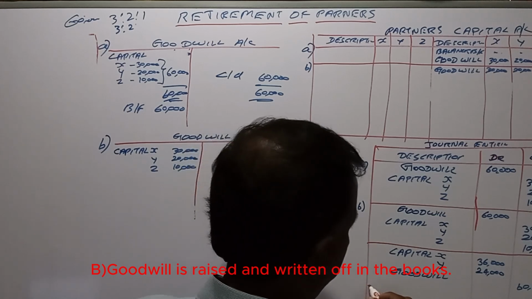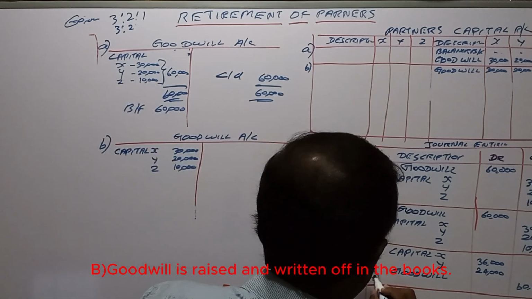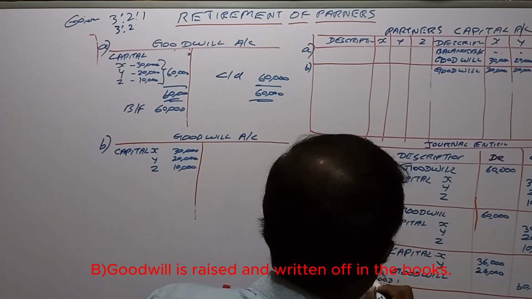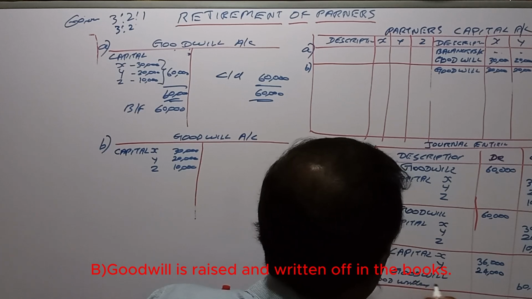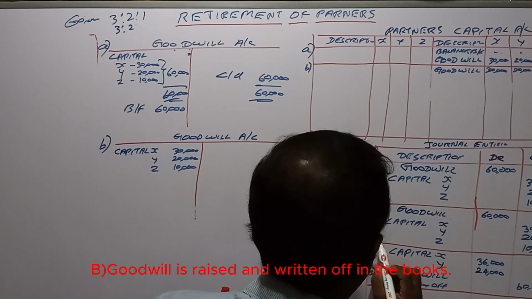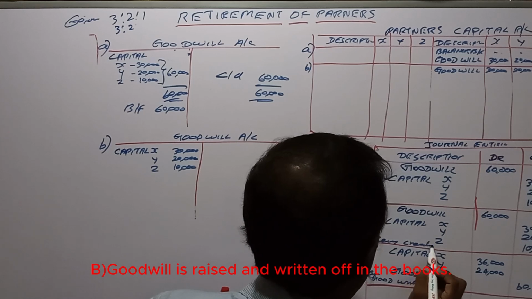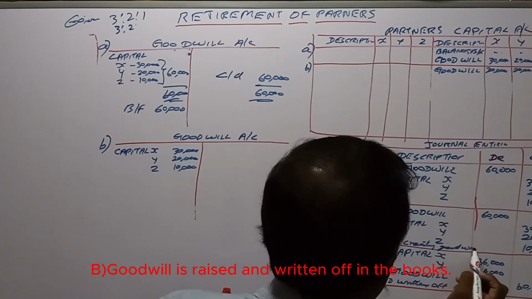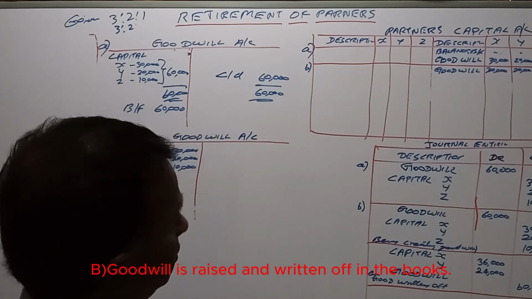Goodwill being written off. This is goodwill being written off. Right? This is being creating goodwill. So here we are going to write off the goodwill.